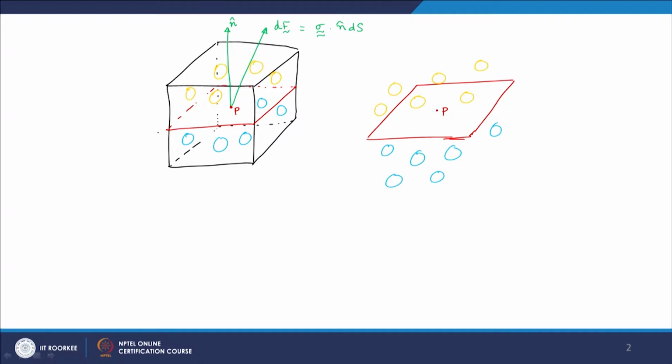So if the plane is at a certain height h from the bottom, then the z coordinates of the particles which are below the plane are less than h, and the z coordinates of particles which are above the plane are higher than h.